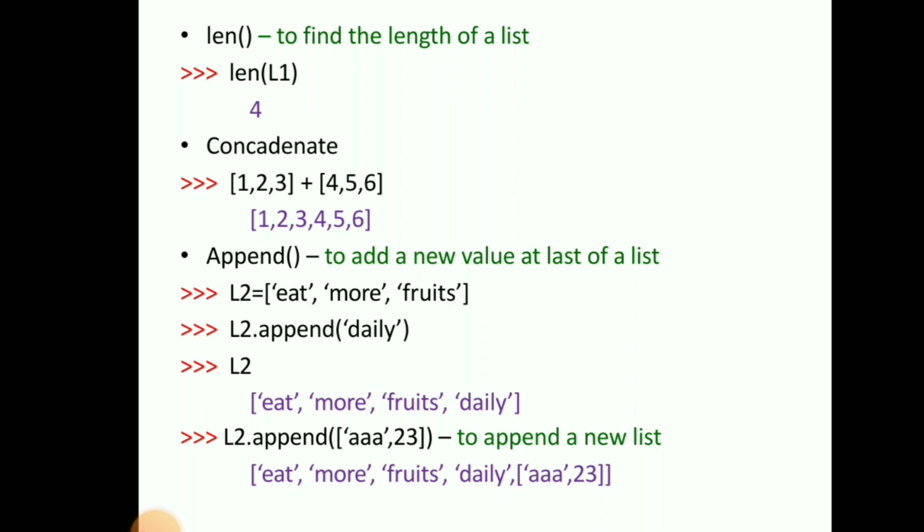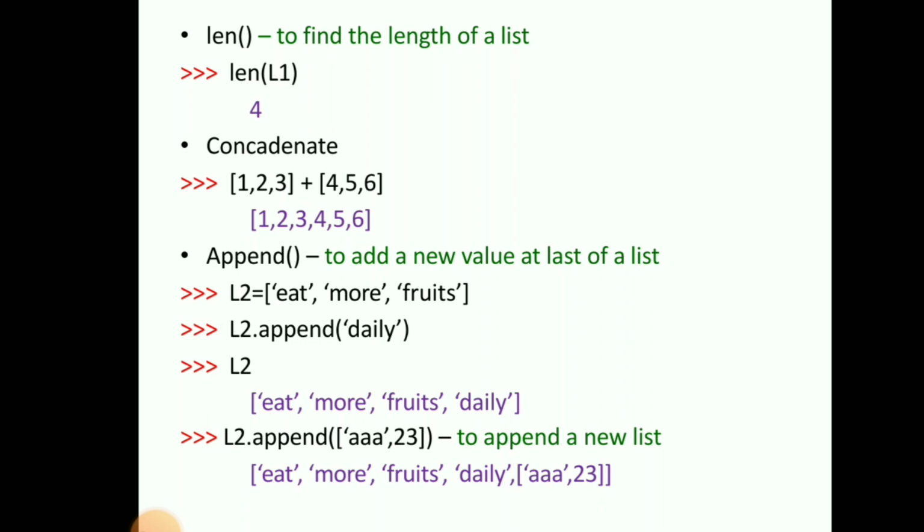Next, append. Append is used to add an element at the end of the list. Here L2 is a list containing 3 strings: eat more fruits. If you want to append the string daily, we can use the append function. L2 dot append daily.